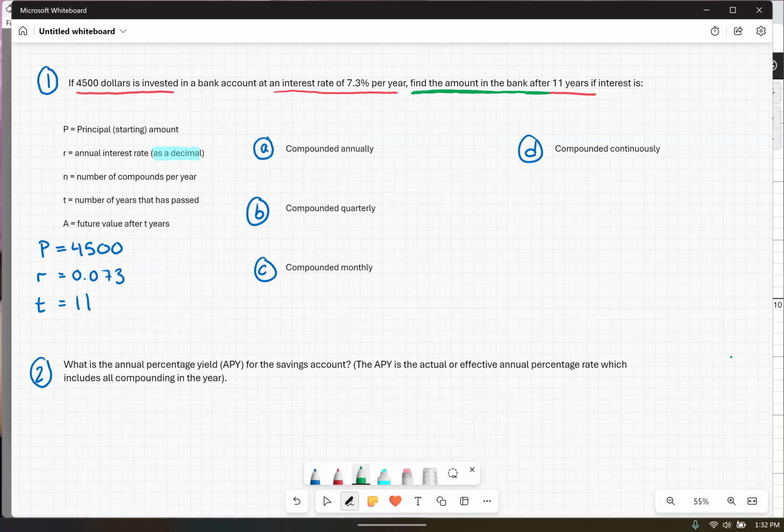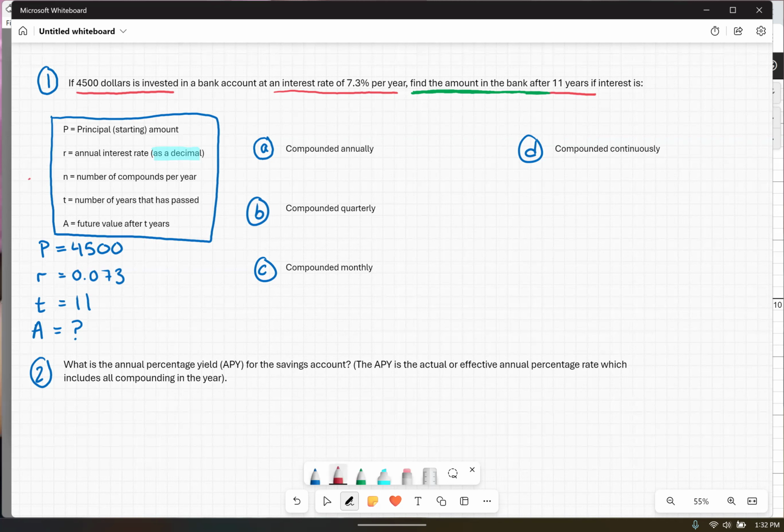So that is what we are looking for. So A is the question mark. Okay, so here are our five variables, our five amounts. We've taken care of four of them so far, the P, the R, the T, and the A.